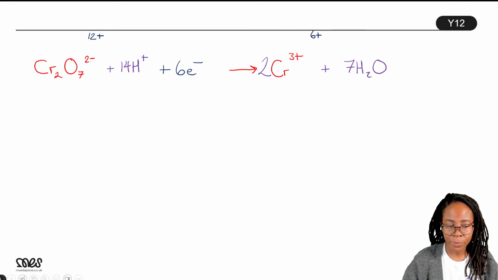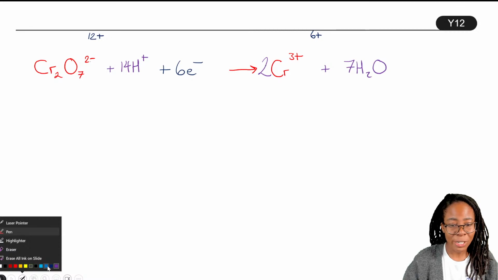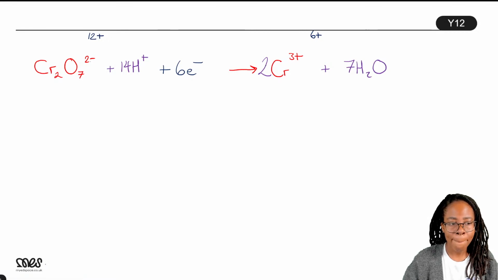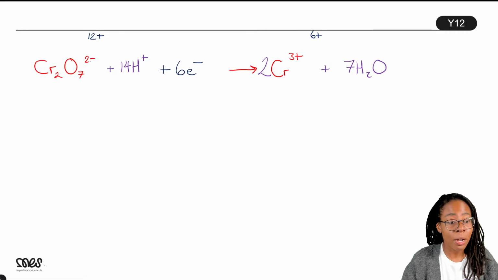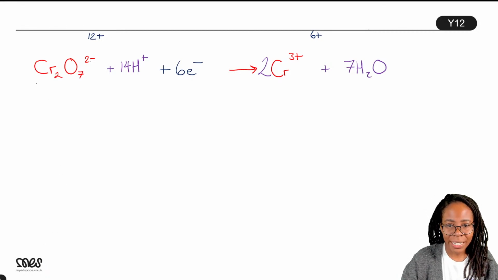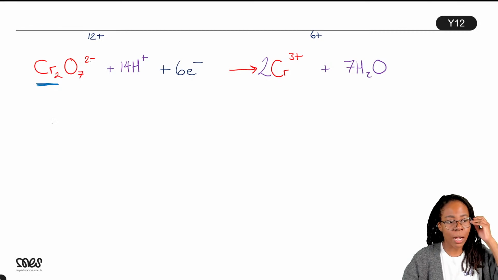Okay. Before we go, just to make sure you've really, really got this, can you please tell me, as your parting gift, as your Christmas present to me, what the oxidation state is of the chromium in the dichromate ion?